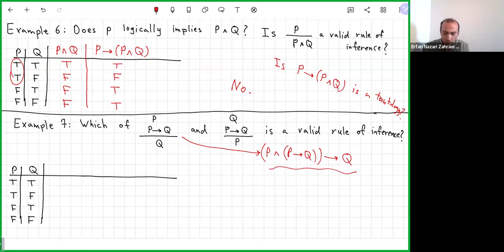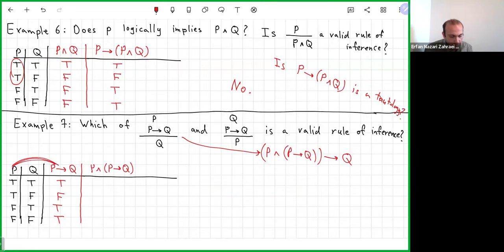Okay, let's focus on the first one for now. Is this a valid rule of inference? So I already have P. I need P implies Q. This is only false if P is true and Q is false. That's here. So it's false and then true everywhere else. Then I need the AND of these two, P and (P implies Q).